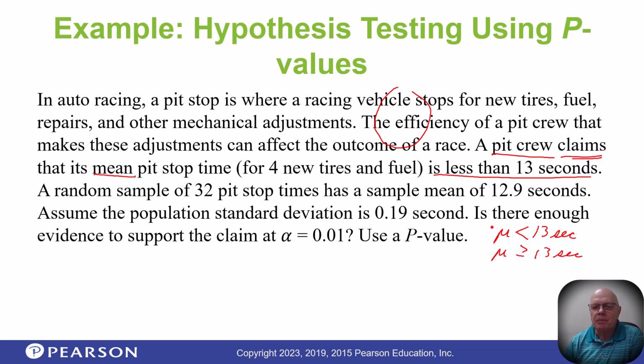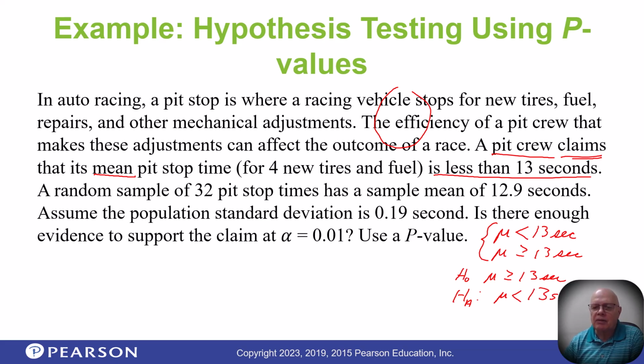What's next? Sort these out. What is the null hypothesis? Well, the second one has equals, so that will be mu is greater than or equal to 13 seconds, which we know then the alternate hypothesis has to be less than 13 seconds.